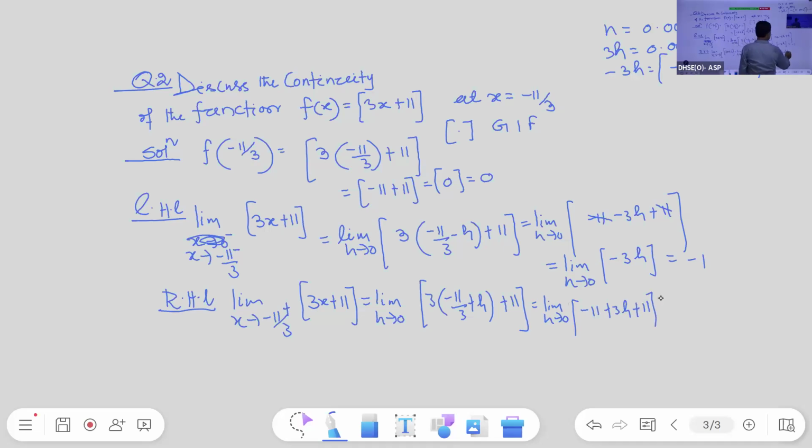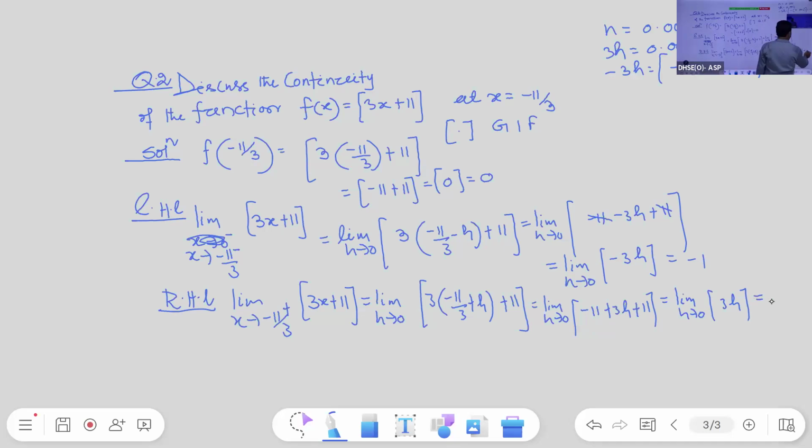This is equal to limit as h tends to 0 of the bracket minus 11 plus 3h plus 11, which is the bracket value of 3h. Since h is very small and positive, 3h is also very small and positive. So 3h lies in the interval 0 to 1, and the greatest integer value of a quantity in the interval 0 to 1 is 0.